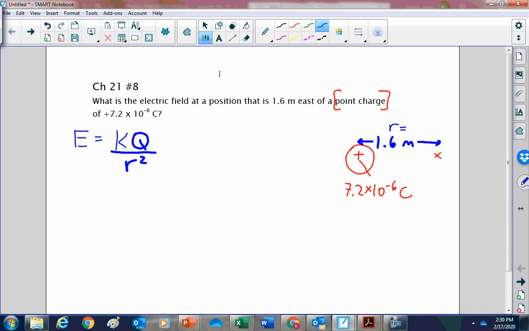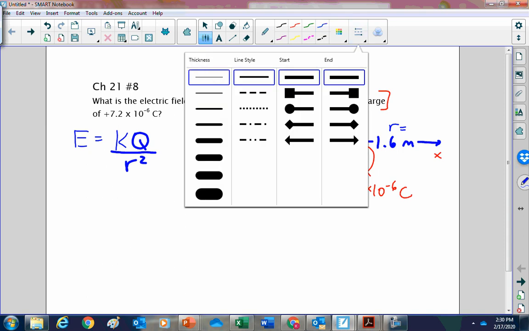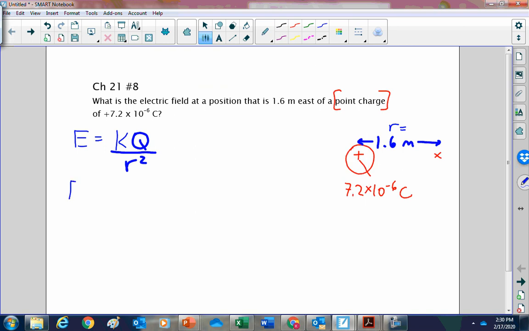And so when we plug in here, we've got our K value, and then Q we wrote down.